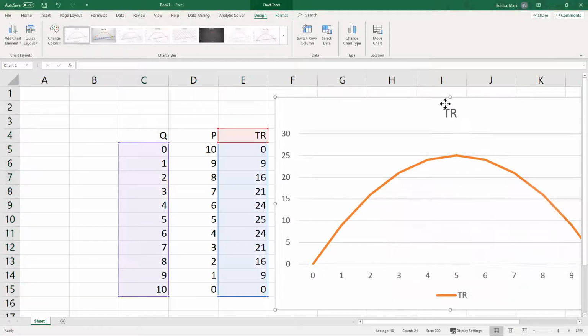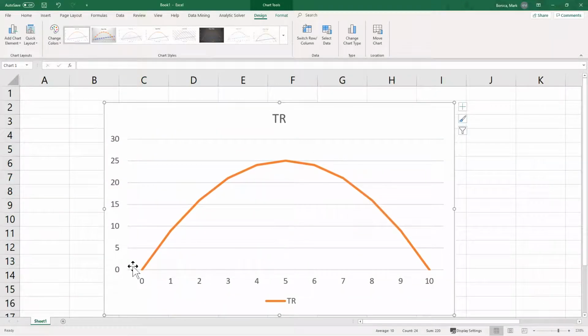There we go. Now you can see at 0 quantity we get 0 revenue, and then it rises up to a peak at 5, and as we approach 10, it falls back down again.